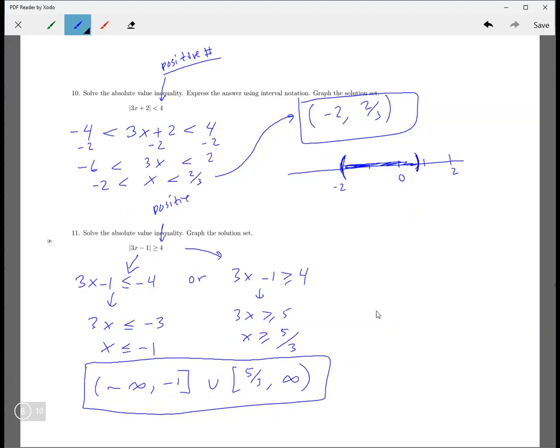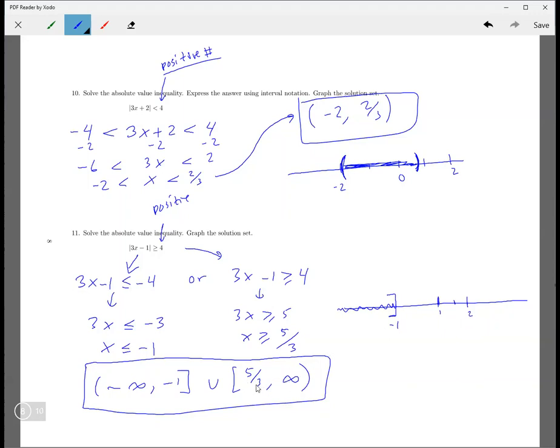To graph it on the number line, at -1, you put a bracket going this way, and then fill that in. And then at 5/3, let's see here, you have 1 there, and then a little hash mark, a bigger hash mark, and you have a bigger hash mark at 2.